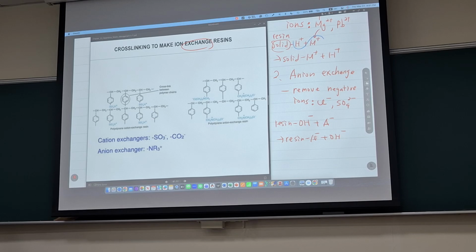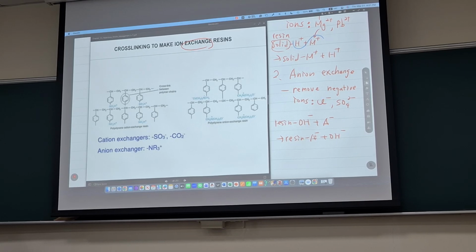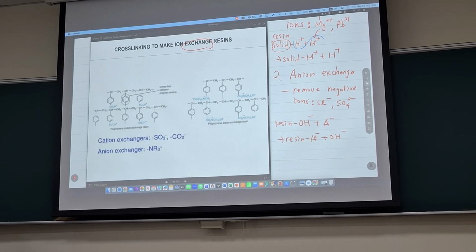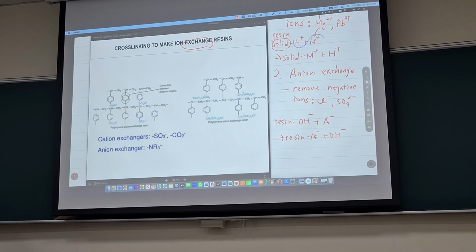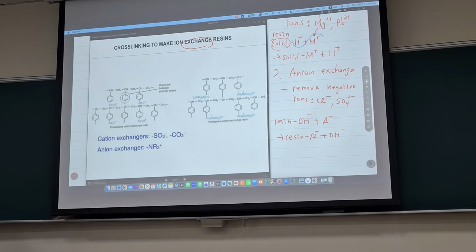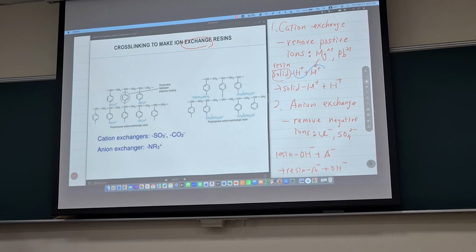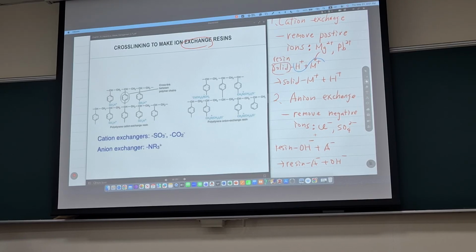So the anion will stick to the resins, and the hydroxide ion will be released. So two types of ion exchange resins: one is cation exchange, the other is anion exchange.